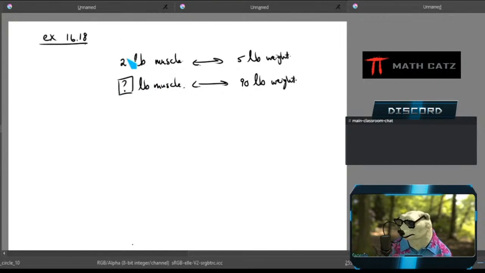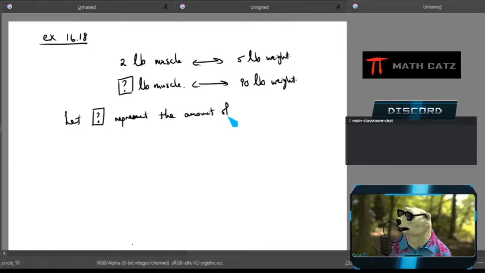So I'm setting it up, and this is always going to be the same. And that makes me feel confident every time I do it. But that tells me how I'm going to define my question mark in a box. That's my symbol. Of course, use an X, use anything you want, but define it. This was just a setup for me. Let question mark in a box represent the amount of muscle in a 90-pound person.